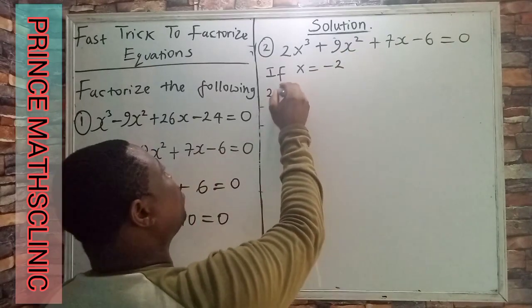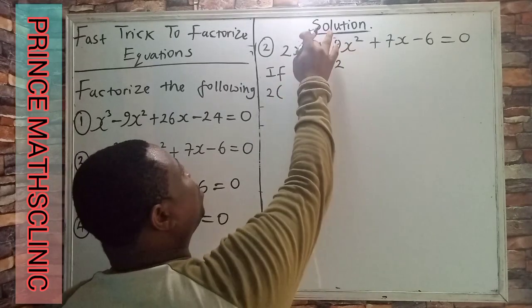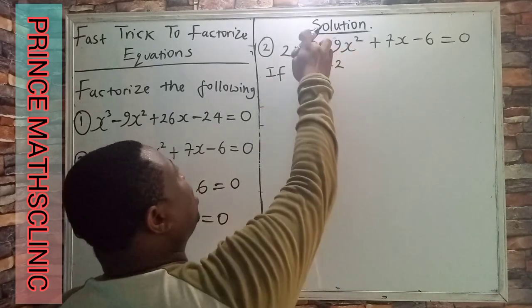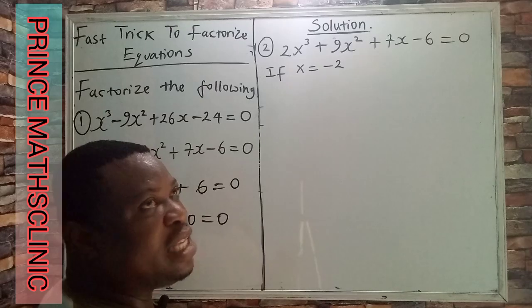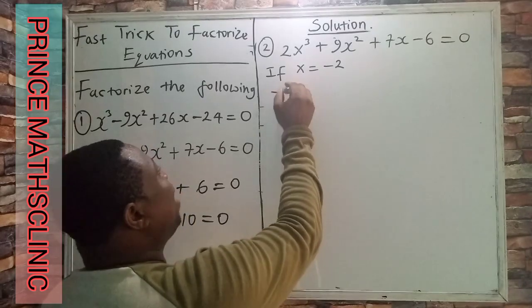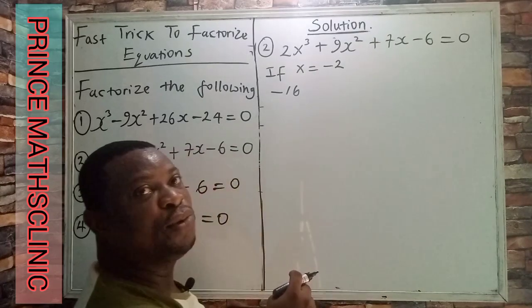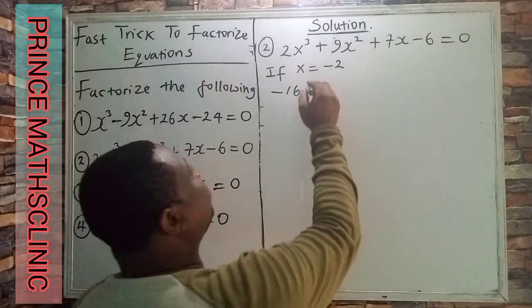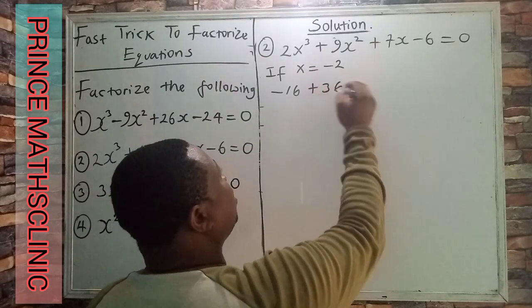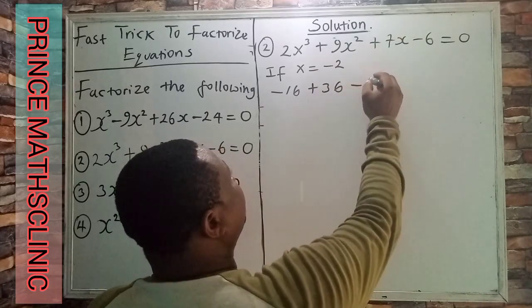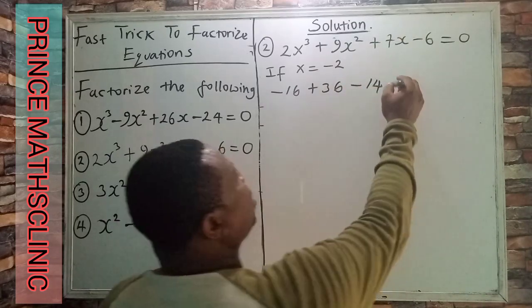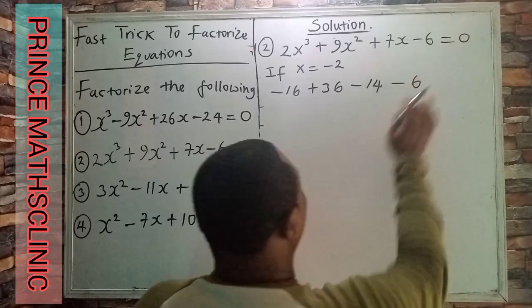So if I put minus 2 here, minus 2 in 3 places becomes minus 8. Times 2 becomes minus 16. Then minus 2 squared here gives us what? 4. 4 times 9 is 36. Then minus 2 here gives us what? Minus 14. Then minus 6. Will it be equal to 0?